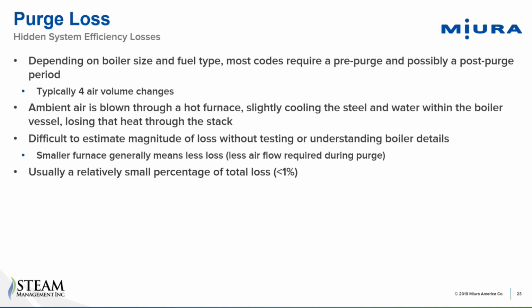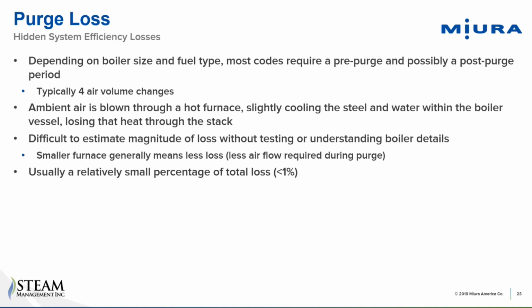Another big important loss is purge loss. Depending on the boiler size, fuel type, and what jurisdiction you're in, you're probably going to require both a pre-purge and maybe a post-purge. It depends on the fuel type. What that means is you're passing 4 air volume changes through that furnace.